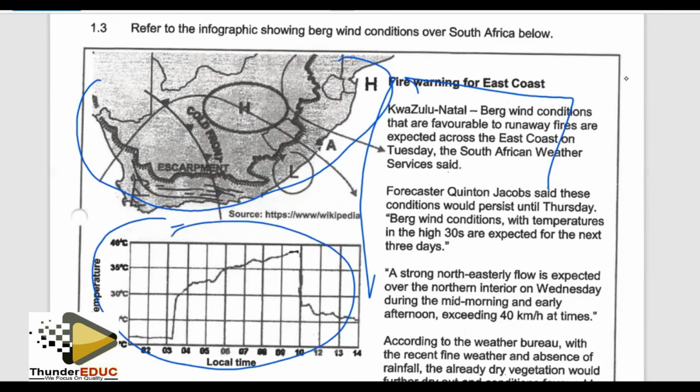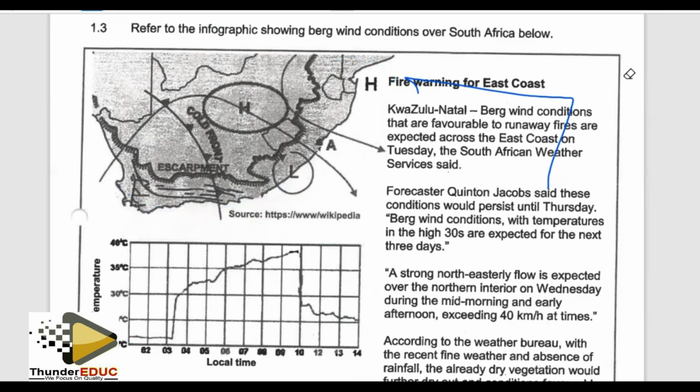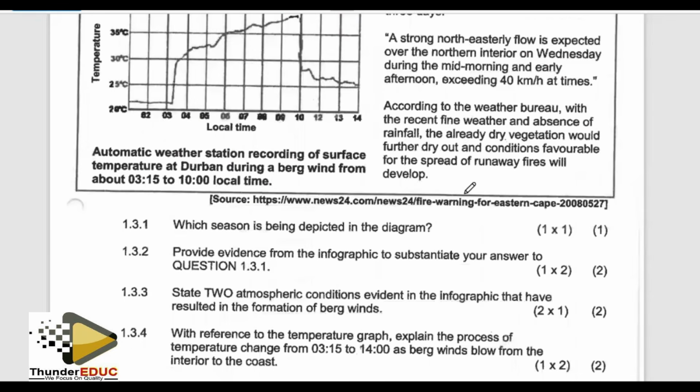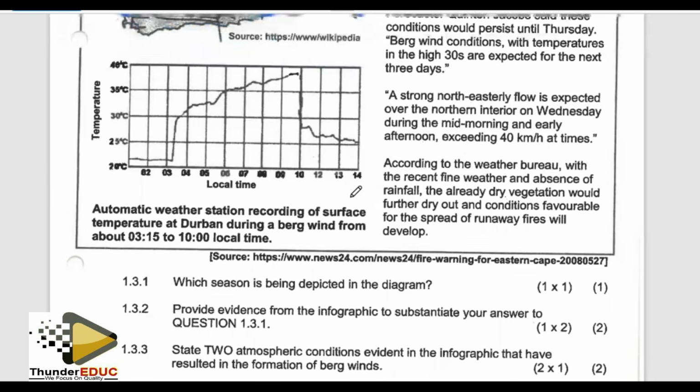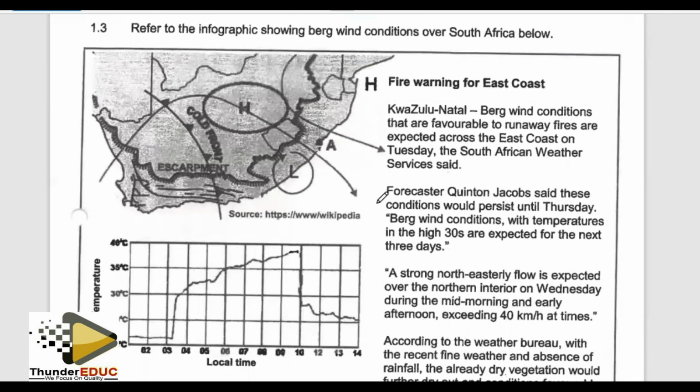So remember, whenever we talk about infographs, it is information in the form of graphics, which could be maps, charts, articles, and all that. All right. Let us try to look at the first question. They say, which season is being depicted in the diagram? Let's go back to our diagram. Which season?